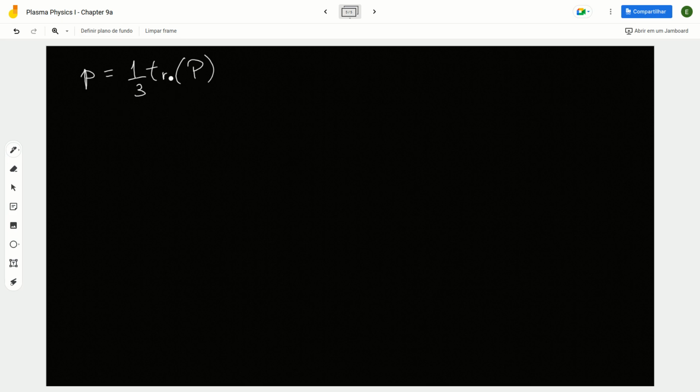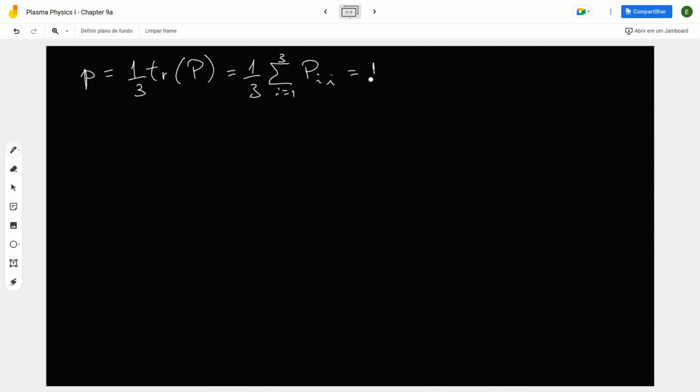So the trace is, remember, just the sum of the elements of the main diagonal. So I get 1/3 times the sum of pressure is a tensor with 3 elements in the main diagonal. So I'm just summing the elements of the main diagonal of this matrix.